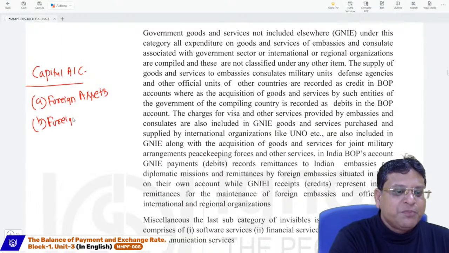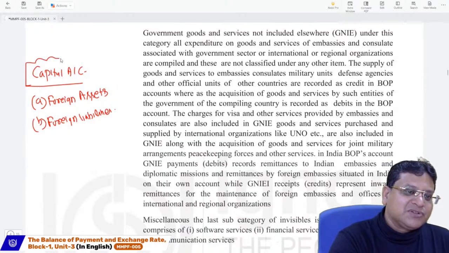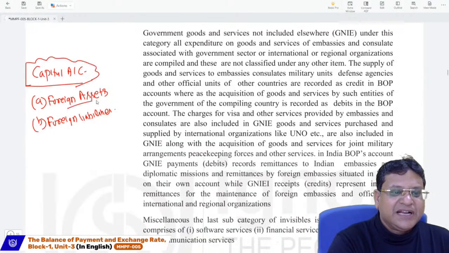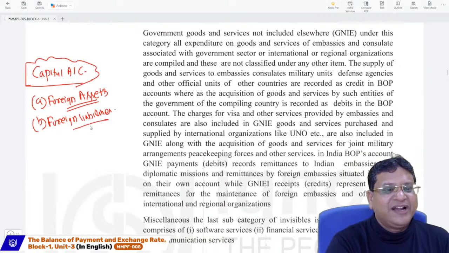We will discuss subcategories of these capital account transactions, but remember, capital account transactions are the transactions relating to foreign assets and foreign liabilities.